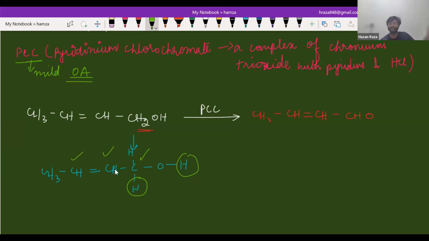You are not going to remove the second hydrogen from elsewhere. You will see this written as CH3CH double bond CH, then C with hydrogen removed, and then a double bond between oxygen and carbon. So this PCC is basically a mild oxidizing agent.